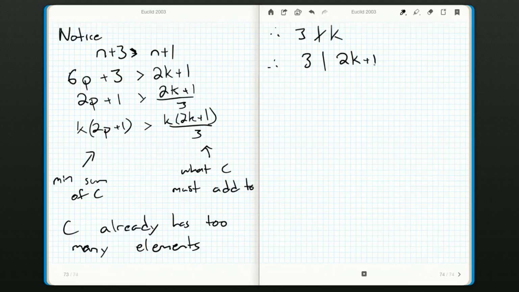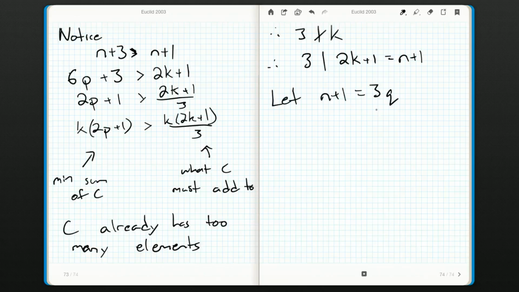Therefore, 3 must divide 2k plus 1. So 3's got to divide 2k plus 1, which of course is n plus 1. Now what can I do? So let's let n plus 1 equal 3q.